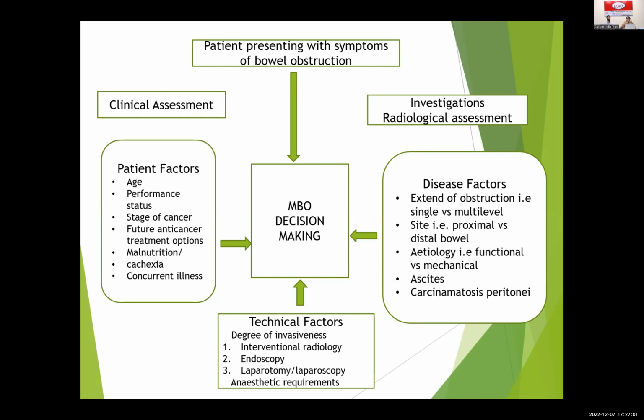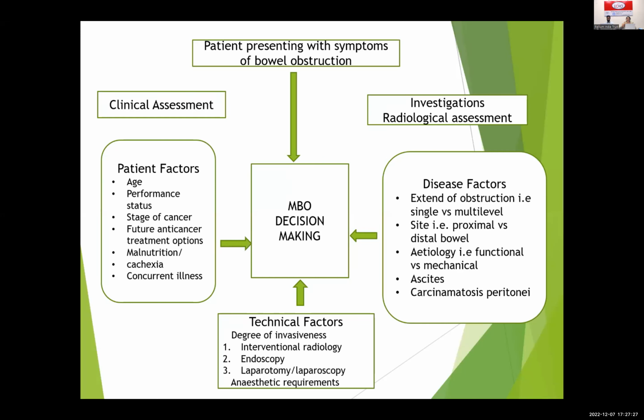Okay, first of all, the performance status, the age of that person, the stage of the cancer where he is, the future anti-cancer treatments that this person is going to go through. Is the patient malnourished or cachexic, or is there concurrent illness for this person or not? So these are the patient factors that you have to keep in mind before going for a surgery.